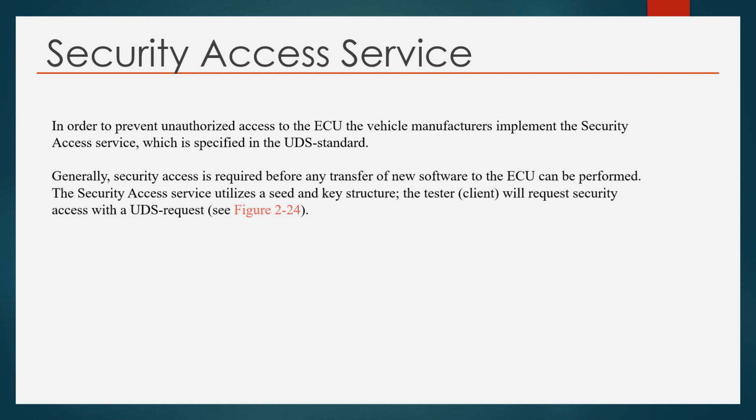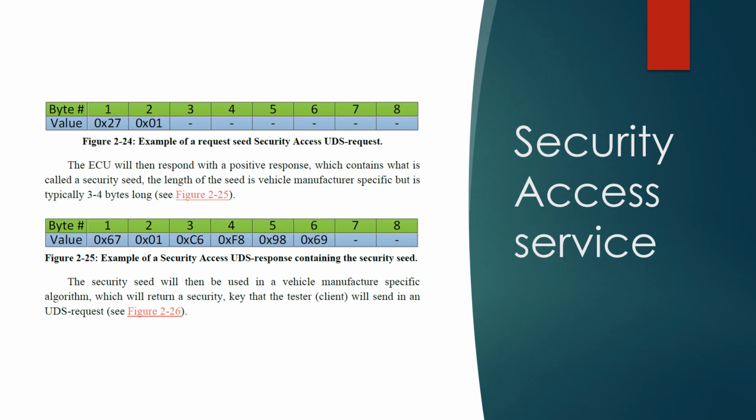That is also one important criterion. This is one of the very important services when we deal with the bootloader. We need to unlock the ECU before performing the programming or erase request.